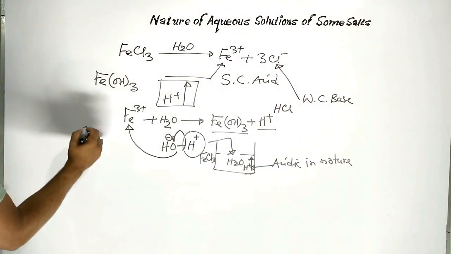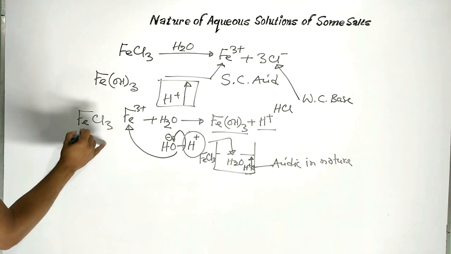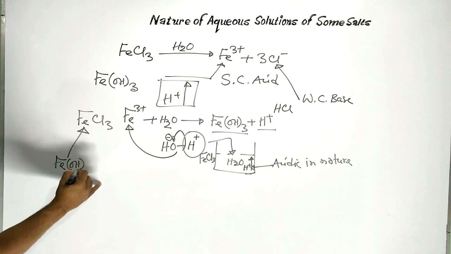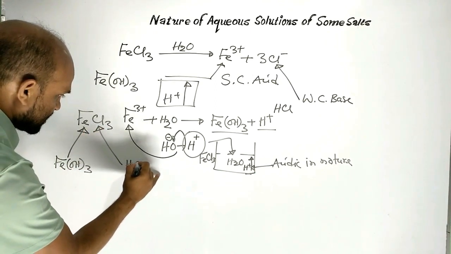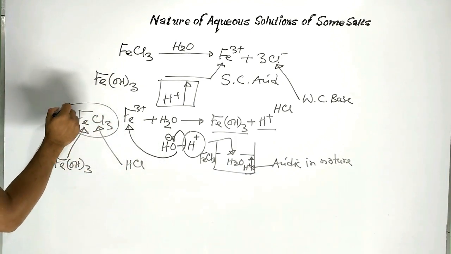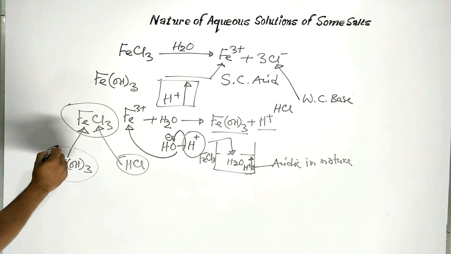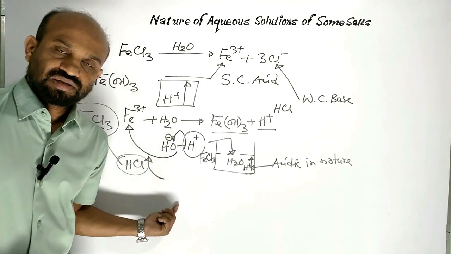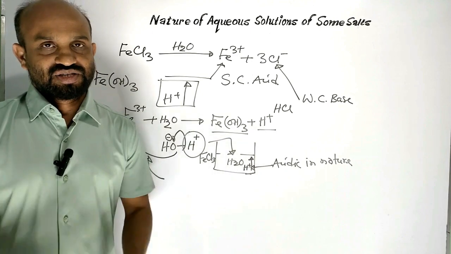Simply we can say that ferric chloride is the salt of weak base ferric hydroxide and strong acid hydrochloric acid. As it is made up of strong acid and weak base, the solution is acidic in nature. Solution of ferric chloride is acidic in nature.